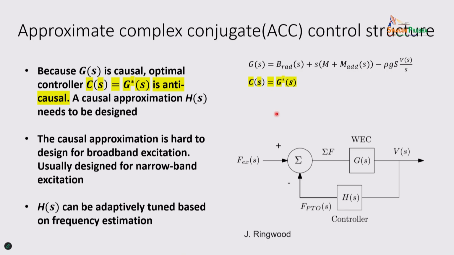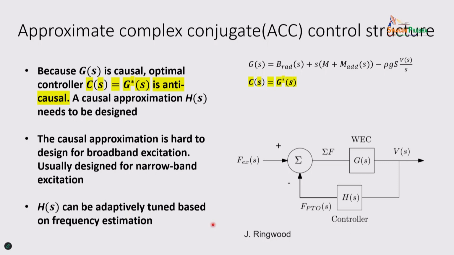So you want to design a causal transfer function that approximates that particular transfer function. With one frequency, matching the frequency is really straightforward. With broad frequency, you want to match all the frequencies, which is more complicated. So you need to design an approximation function, the controller, so that you can tune it based on which frequency dominates.